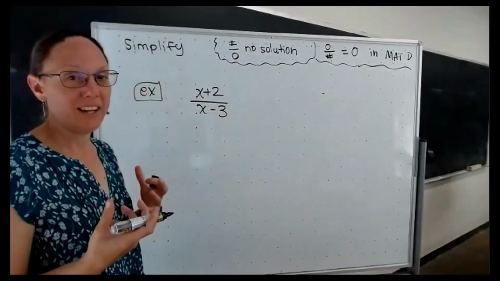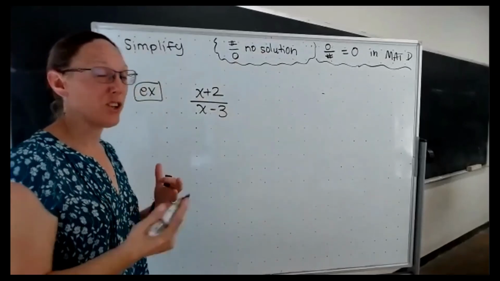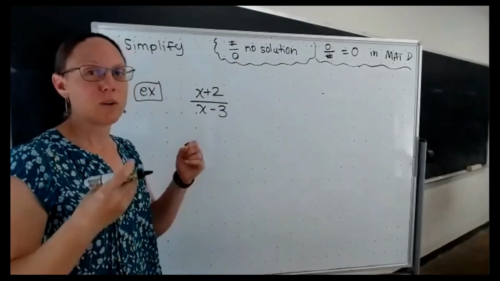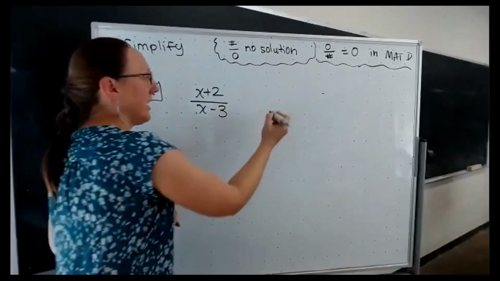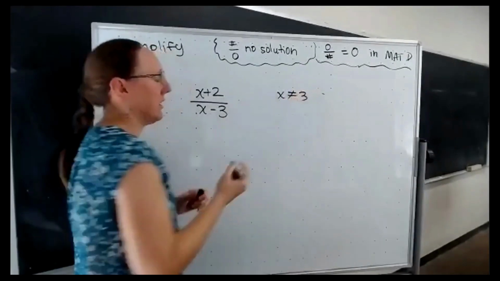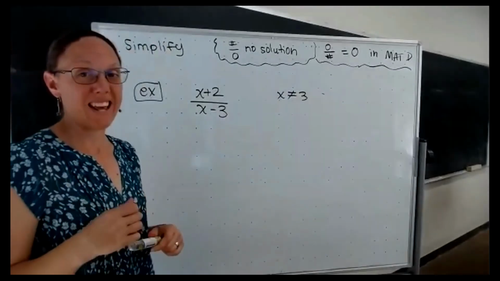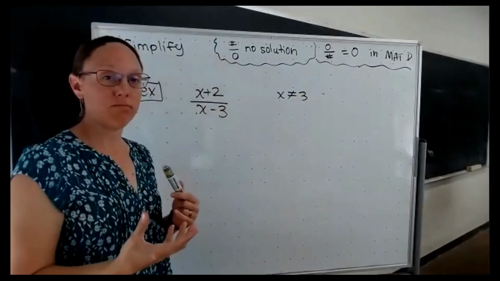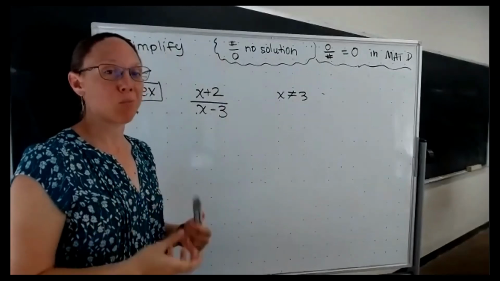And I was trying to set that equal to some number and solve for this thing. What's important to preserve is that x cannot be 3. We sometimes talk about this as the domain of a function, but here we don't really have a function. We just have an expression.